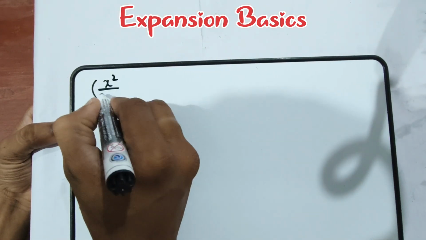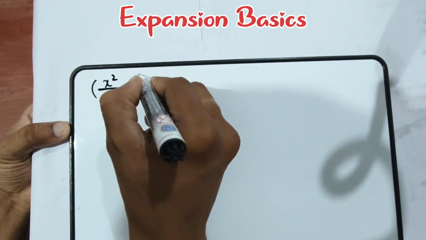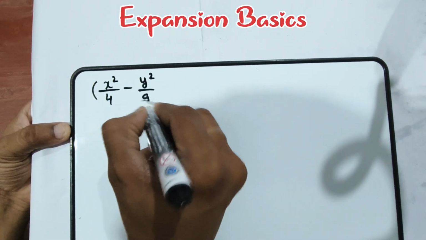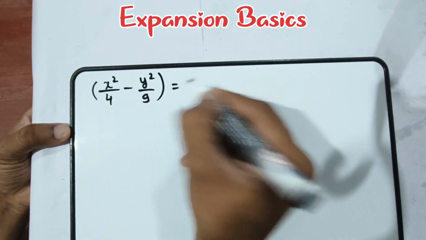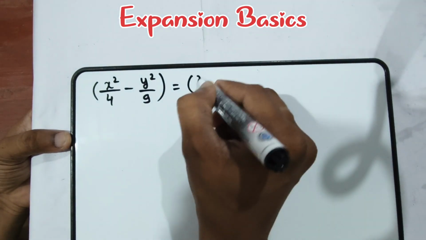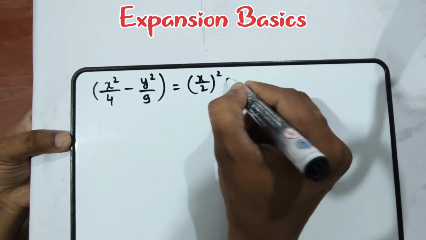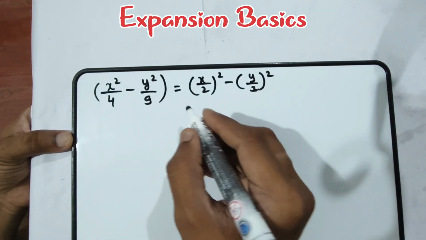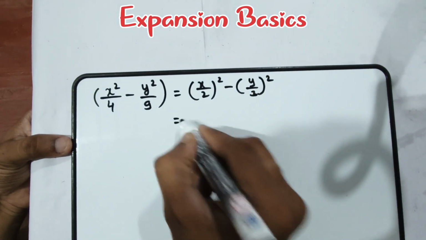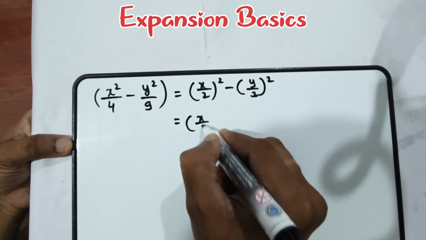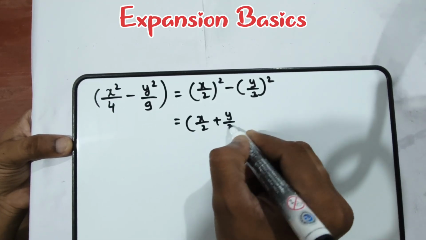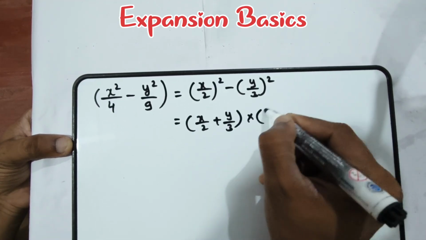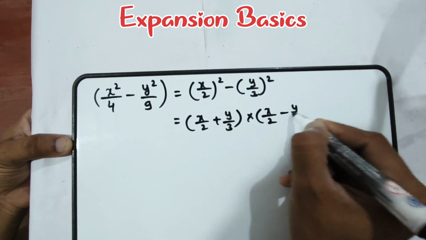Here is one more question: x square by 4 minus y square by 9. It is written as x by 2 bracket square minus y by 3 bracket square, a square minus b square, a plus b, that is x by 2 plus y by 3 into x by 2 minus y by 3.